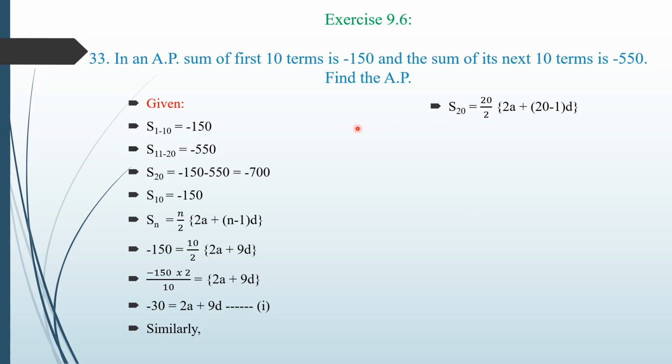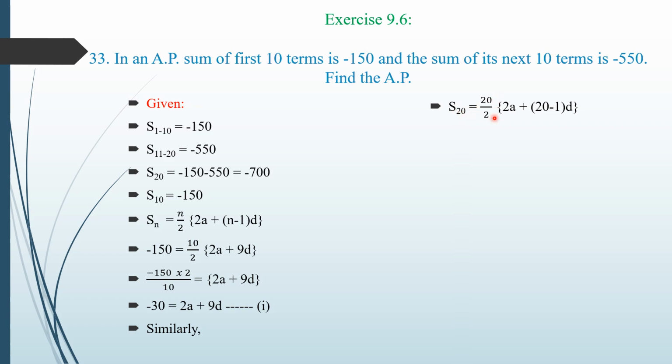Similarly, I'll use the information that sum of first 20 terms of this AP is minus 700, which we just calculated at the beginning of this problem. Using again the formula Sn equal to n by 2 into 2a plus n minus 1 into d, in place of n, I'll put 20.